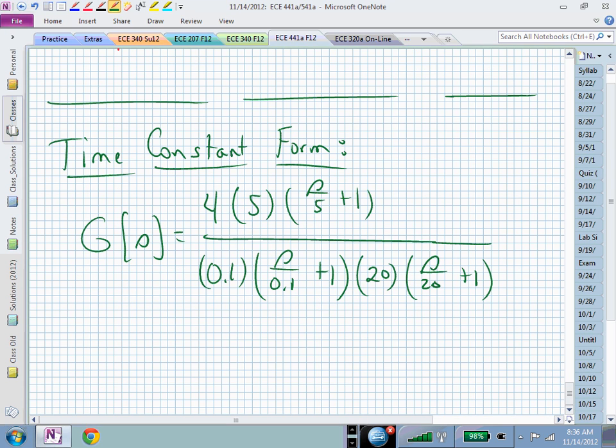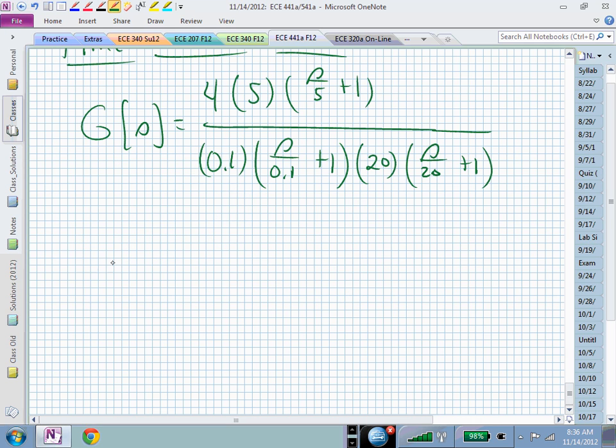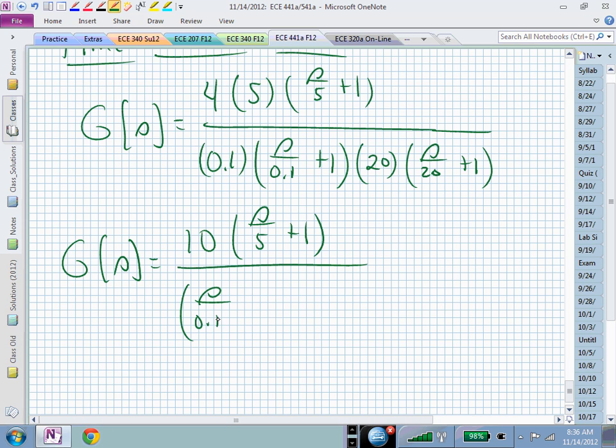And if I now start combining some of these, the 4 and the 5 cancel the 20, and I end up with that 1 divided by 0.1, or a 10, and I now have 10 over s over 5 plus 1, over s over 0.1 plus 1 and s over 20 plus 1.